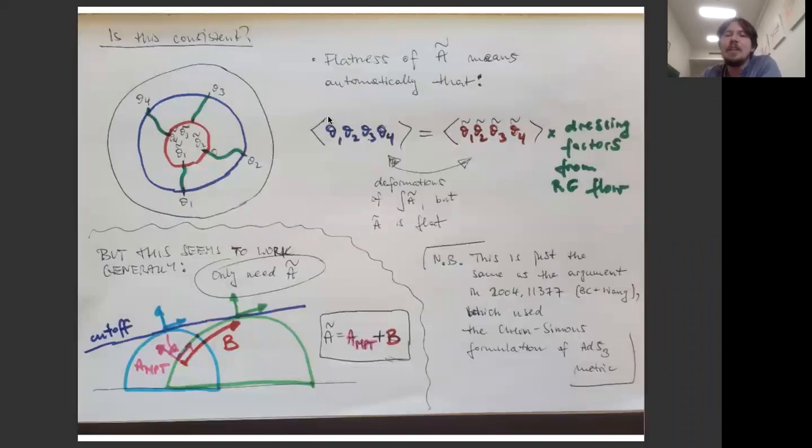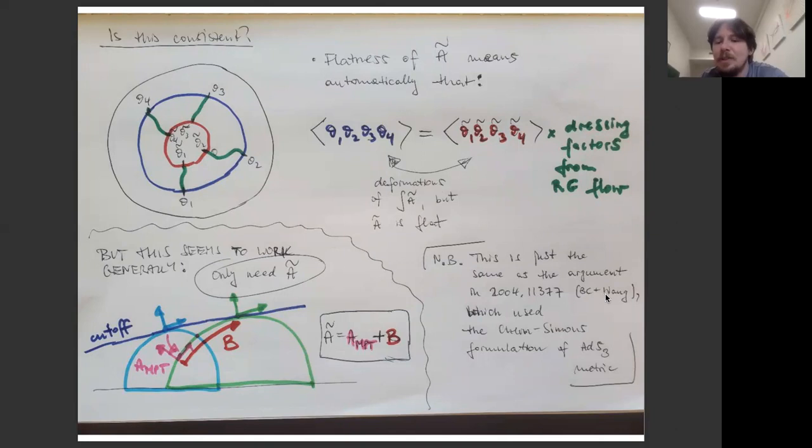So a correlation function at one cutoff scale is equal to the other one up to the effect of these dressing factors, which perform our RG flow. And they are equal because the A tilde we have constructed is flat.